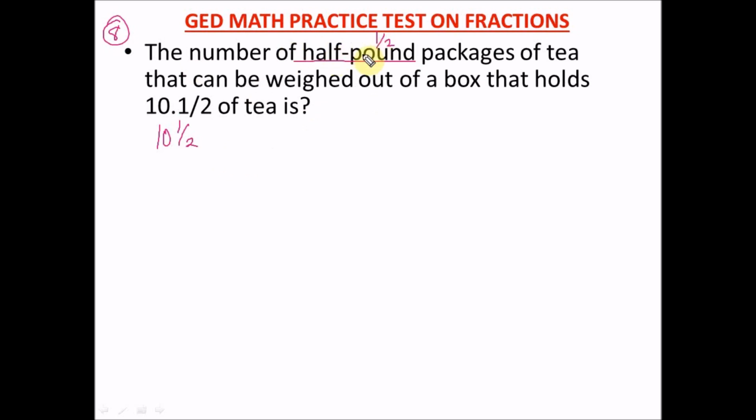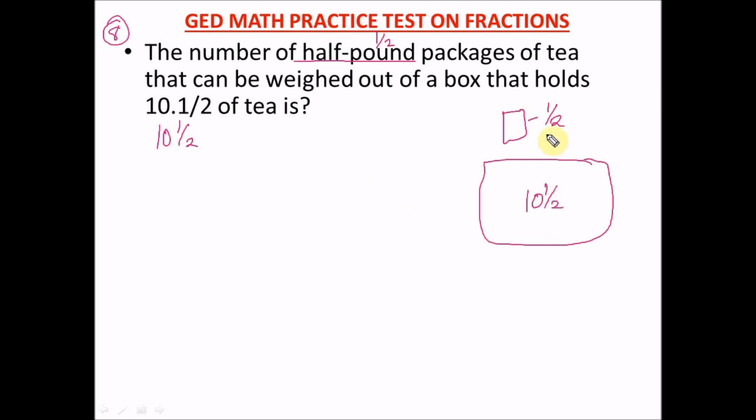So here we're to find how many half-pound packages of tea can be weighed out of a box that holds 10.5 of tea. Okay, so let's say you have like a package, and it's half-pound. All right, so how many of these half-pound can we get from a box that has 10.5 tea in it?